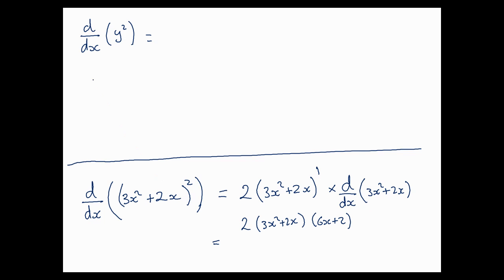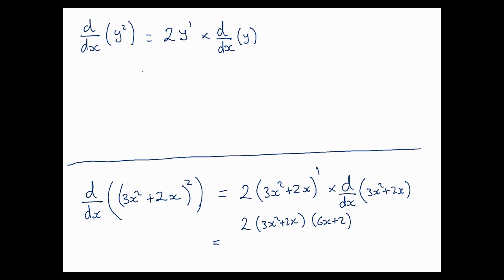Now, we can apply the same logic to finding the differential of y squared. So our outside function is something to the power of 2. So differentiating our outside function, that gives us 2 lots of that thing, and then we reduce the power. Then we need to multiply by the differential of the inside function, which in this case is y.